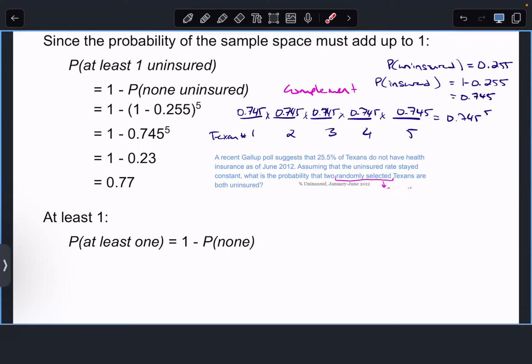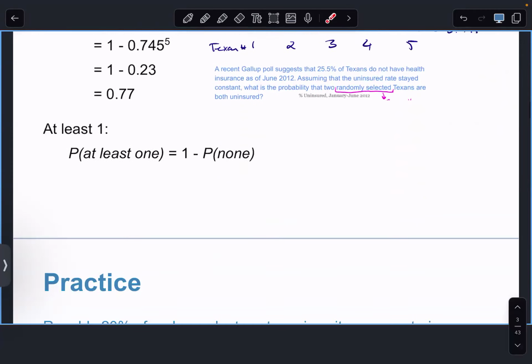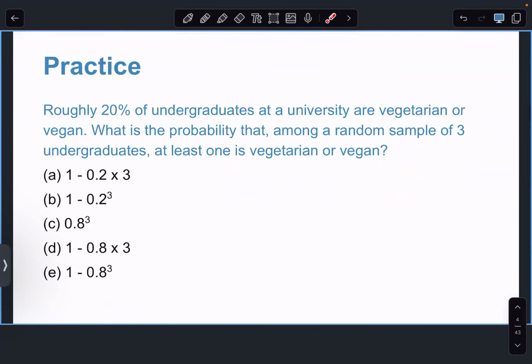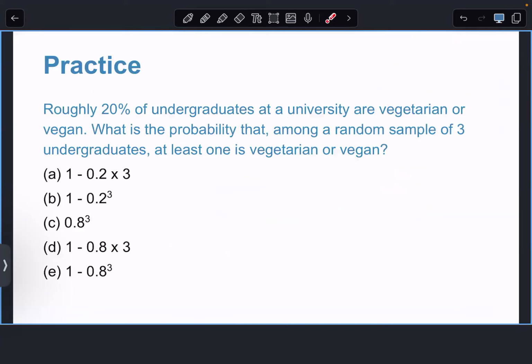We're going to use that trick again in chapter 4 quite a bit. And so we'll see it again, but nice to have seen it.